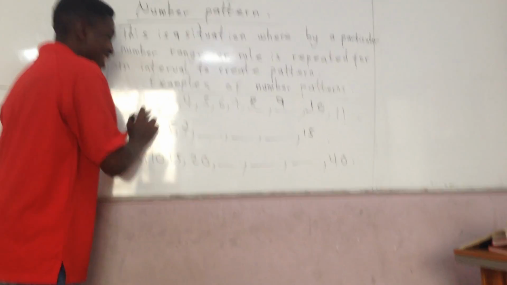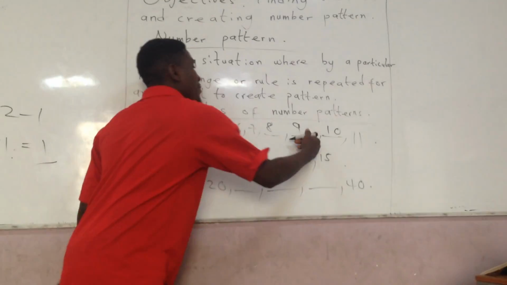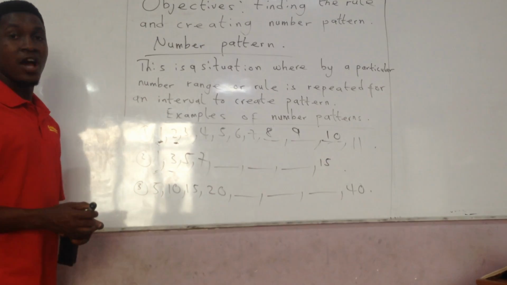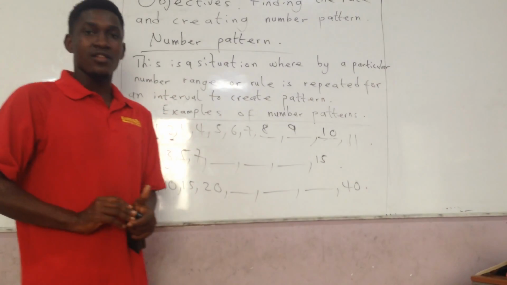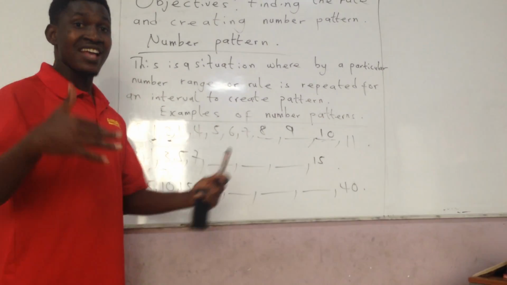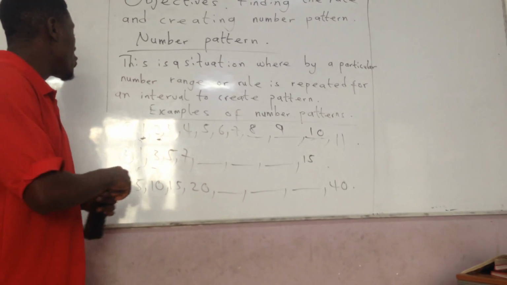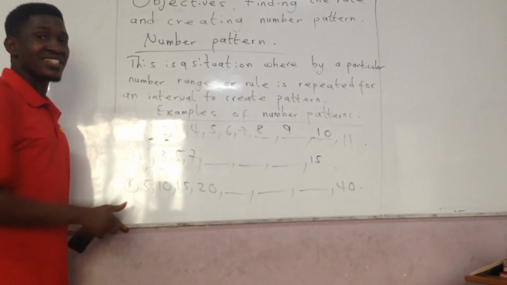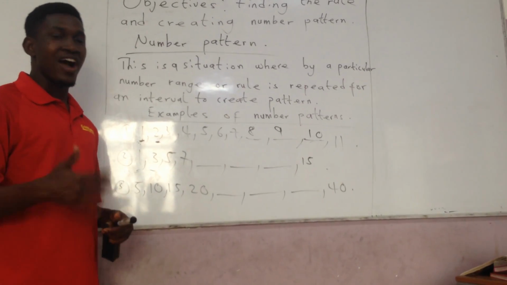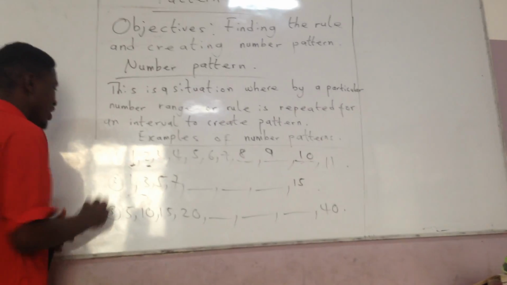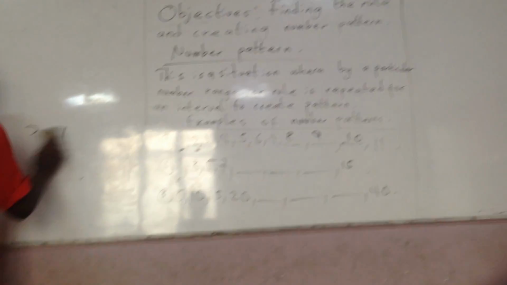So you see, by finding the rule, we have been able to fill in the gaps that were left in the number pattern. The first thing you have to do is find the rule, and you find it by subtracting the first number from the second number.